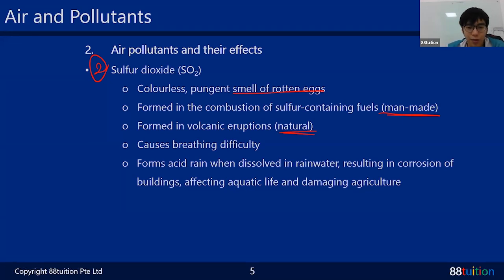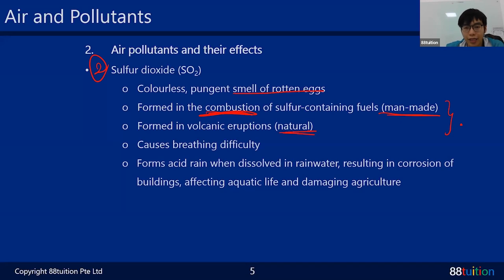The man-made way is also through combustion. Instead of carbon-containing fuels, this one is sulfur-containing fuels. If you burn something that contains sulfur, you tend to form sulfur dioxide. So this is the man-made reason why we form sulfur dioxide. So this is how it's formed.